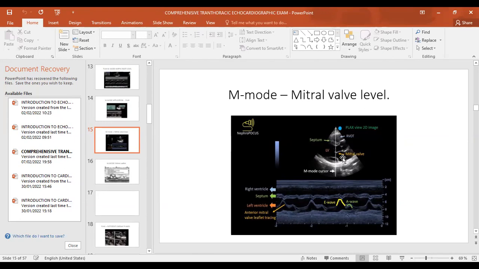Now, what happens in diastole? In diastole, when the mitral valves are widely open, remember there are four phases: early diastole, end diastole, end systole, and late systole. There are times when it's in full rapid filling, which is this one.